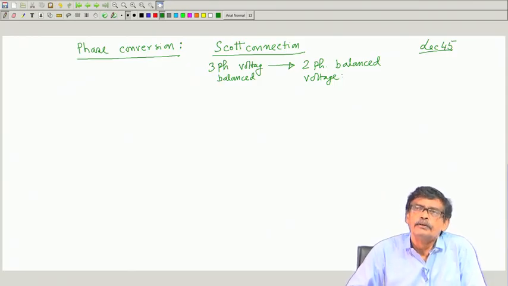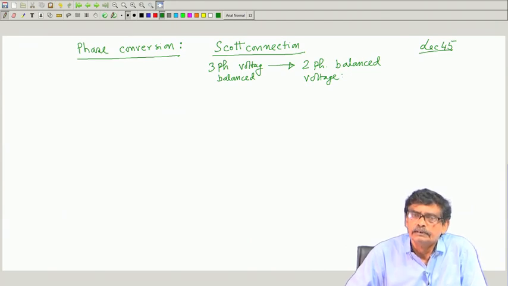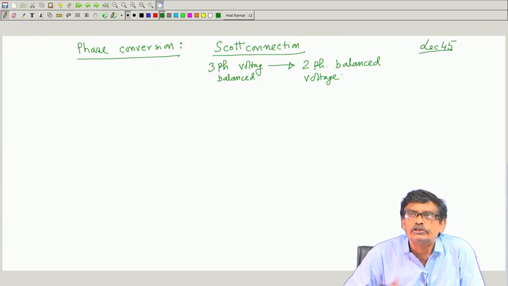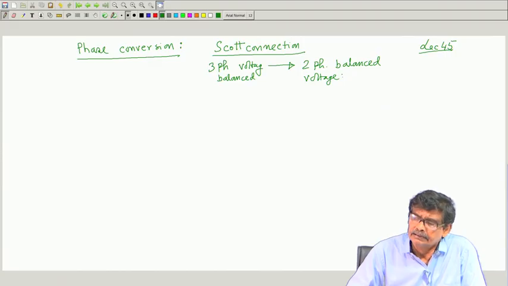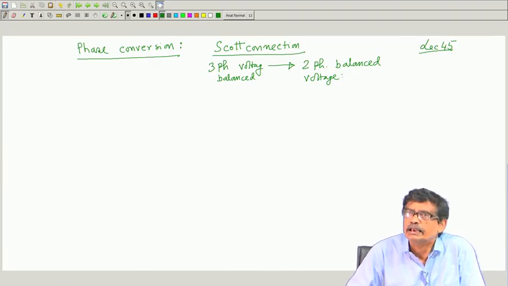For example, if you have a two phase induction motor, then you must supply the stator coils by a two phase supply instead of a three phase balanced supply, because the motor is two phase, and two phase induction motors are also used in control system and other applications. There similarly, there may be two phase electric furnaces where two phase supply is necessary.